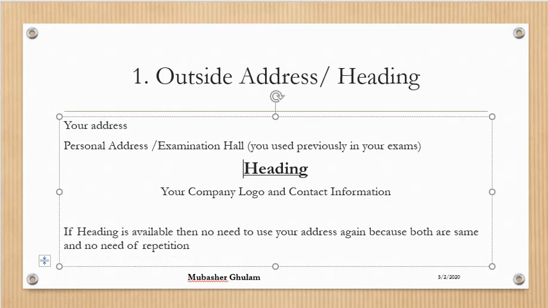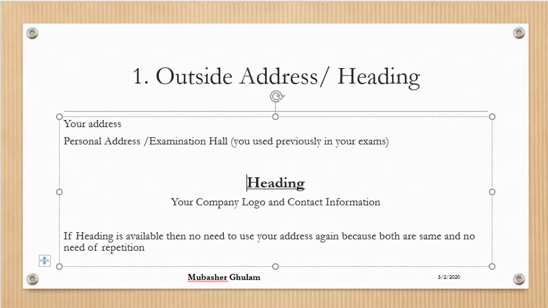Another way: most of the time, being part of an organization, we write letters on the letterhead, and letterheads already carry a heading. As you can see in many letterheads, the heading contains the company's logo, contact information, address, and so on.